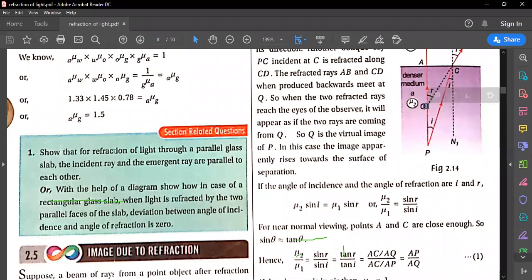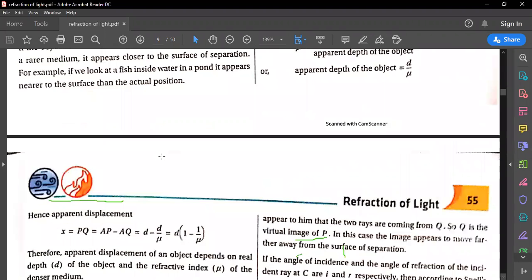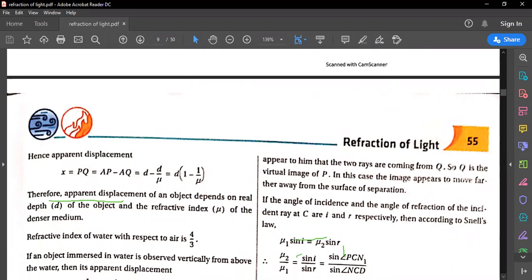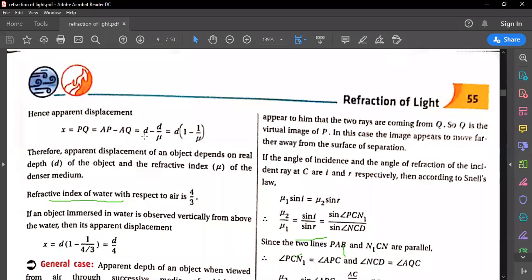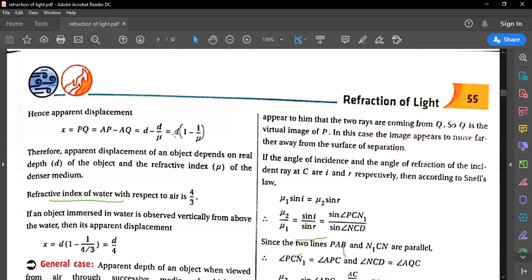So PQ is your apparent displacement, and that is equal to AP minus AQ, where AP is the real depth given by d, and AQ is the apparent depth that you have found out, d by mu. So if x is the apparent displacement, we can write it is equal to d within brackets 1 minus 1 by mu.